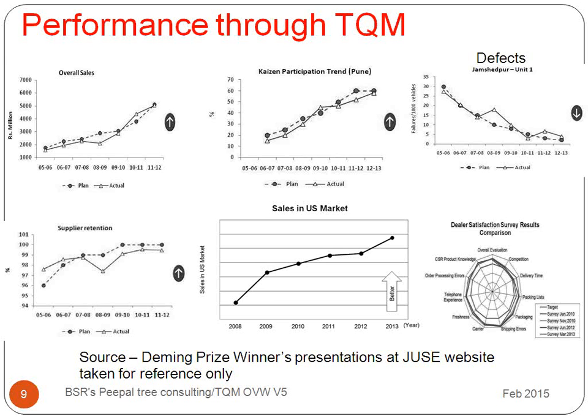The source for this is the Deming Prize winners. For the sake of ease and authenticity, I have picked up these results from some of the Deming Prize winners' presentations at the JUSE website. If you visit the JUSE website, you will be able to see some of these presentations, all of which talk about how the performance of the organization changed over a period of time as they implemented TQM.